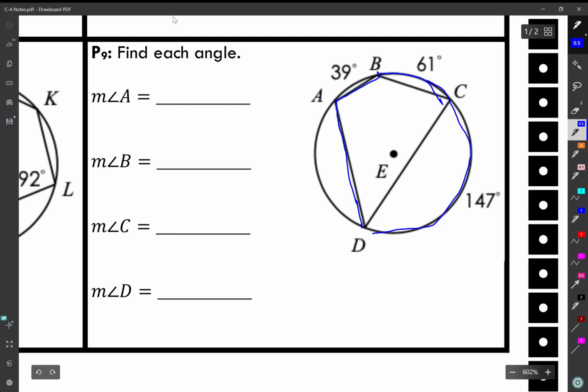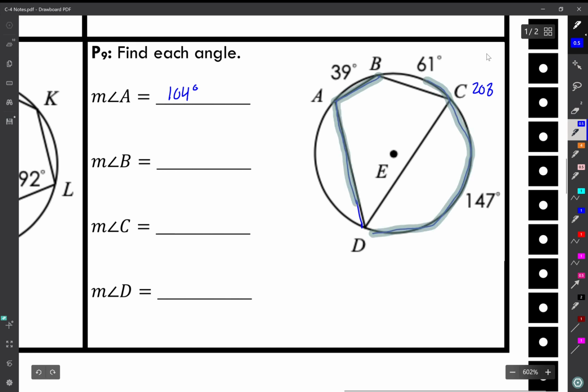So its arc would be 61 plus 147, which is 208. So to find the measure of angle A, you're going to take half of that 208, which is going to be just 104. Okay, so we'll do that similarly for all the rest of them.